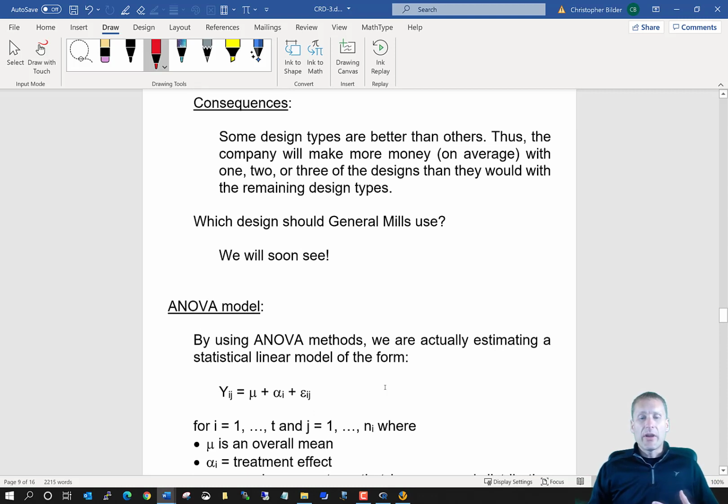Thus, the company would make more money, because they would be selling more boxes using maybe 1, 2, or 3 of the design types than with the remaining design types. And in terms of the company's perspective, of course, they want to know which of these design types is best on an average basis for the sales? Well, we shall soon see. So stay tuned.